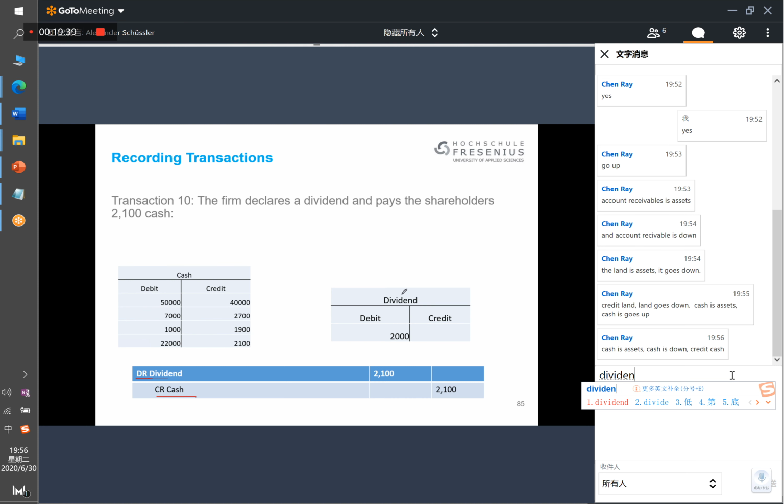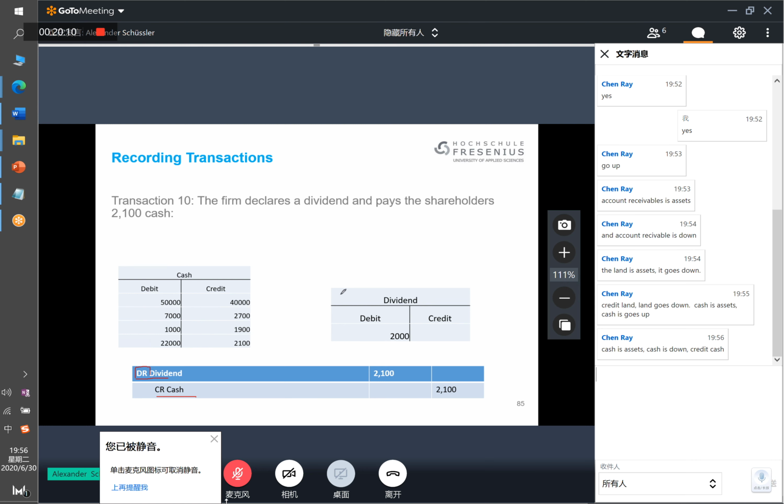It is an equity account, but not a normal equity account. If dividends go up, equity goes down, because the money leaves the company and the equity is down by the amount of the dividend.